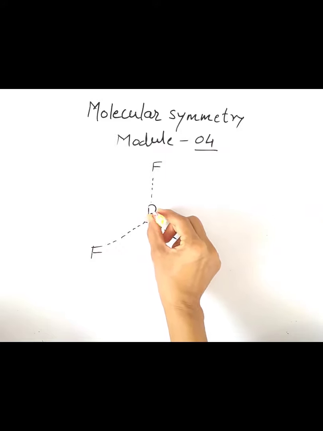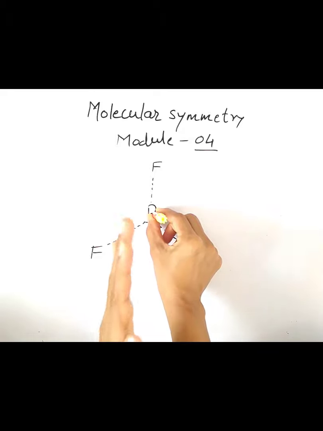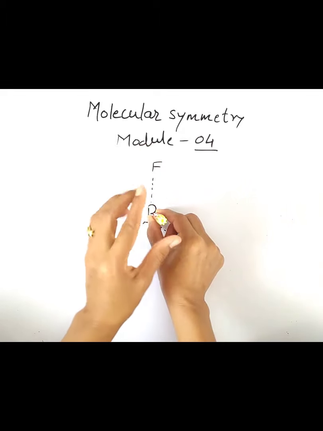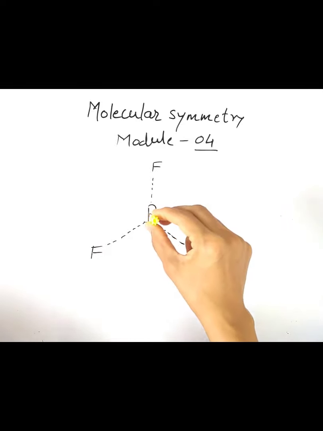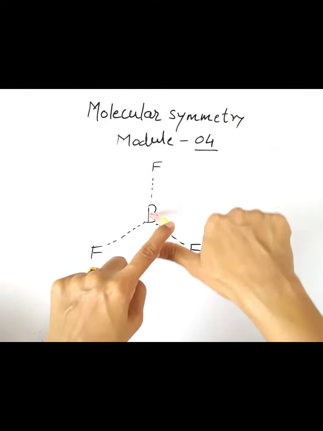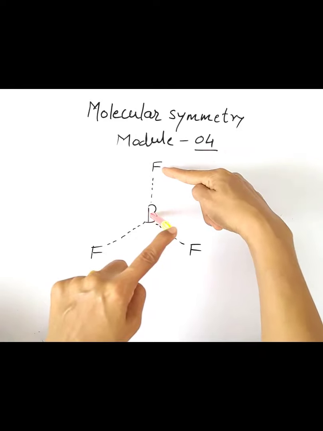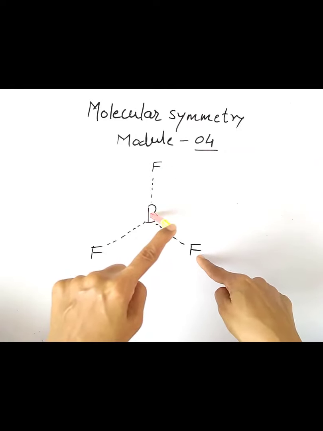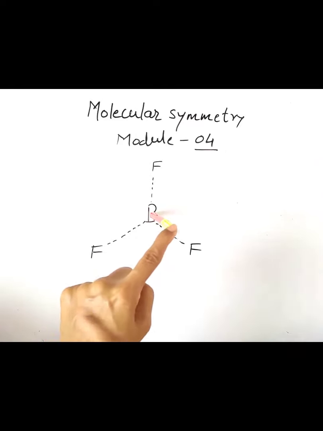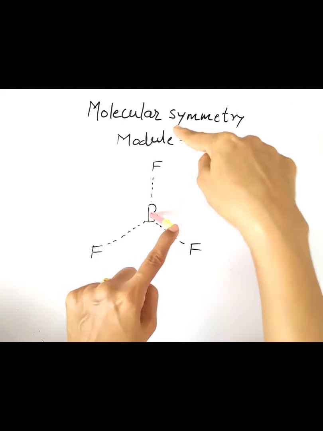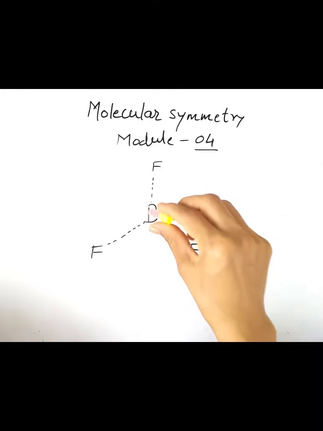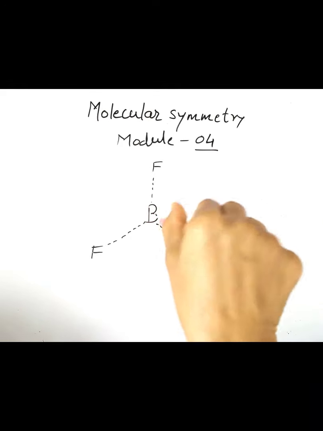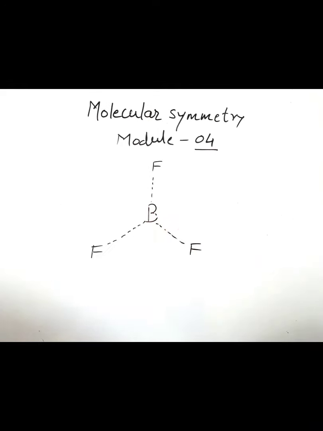And in what way have we passed the mirror plane? Like this. See, this was the principal axis we have passed, and along this axis the molecule was rotated. This fluorine, after first rotation here, after second rotation here, and after third rotation, this fluorine has got its original position. So this is the principal axis along which we have rotated the molecule.